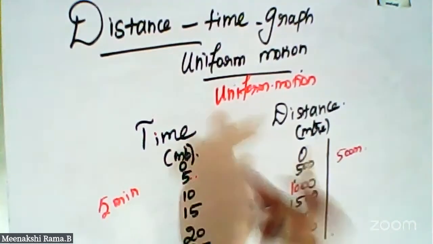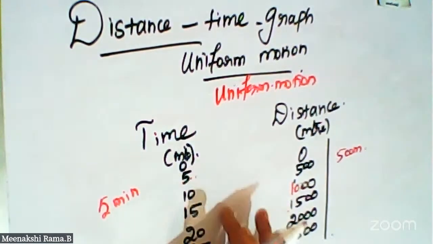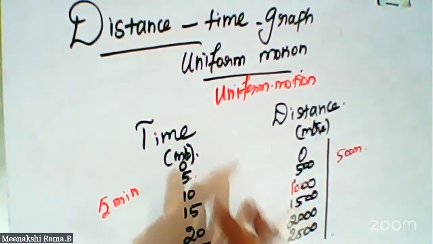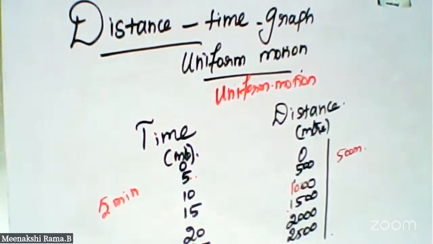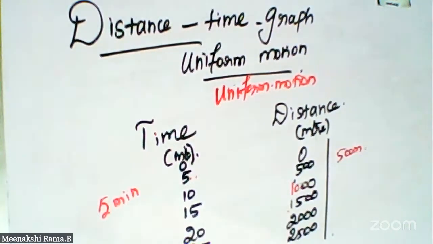That is the gradual, stable motion. So the time is increasing by 5 minutes each time, and in the same manner, each 5 minutes he crosses 500 meters. So this is the gradual speed, that is uniform motion.